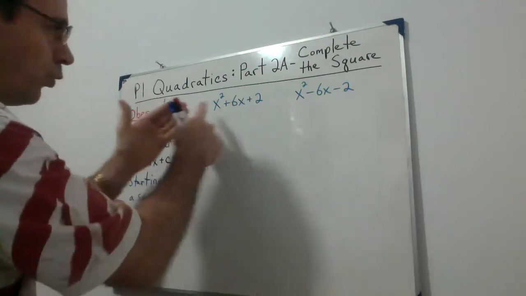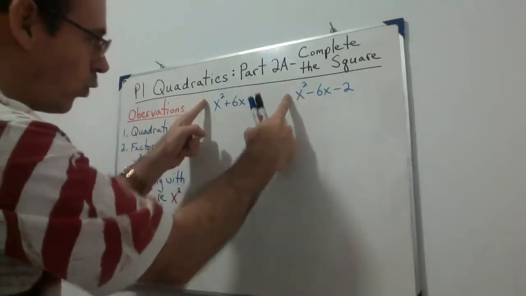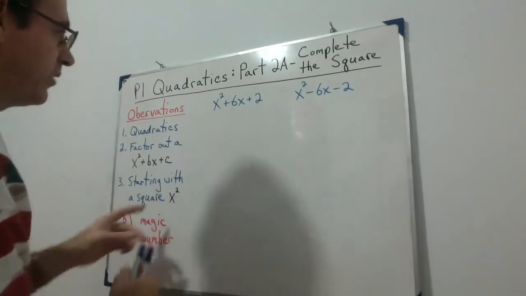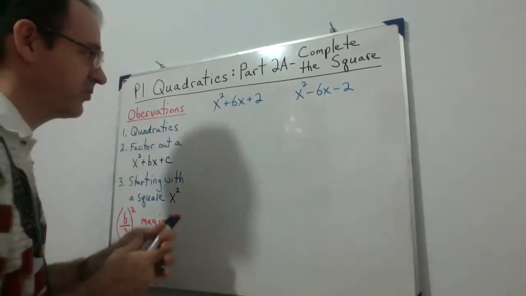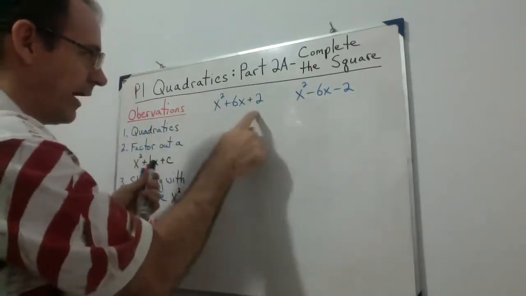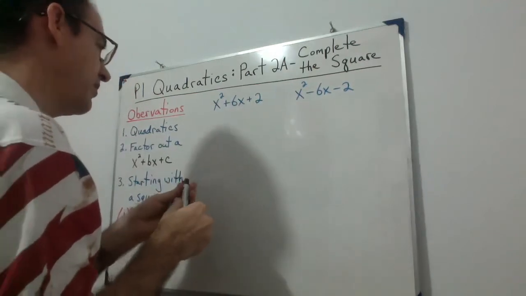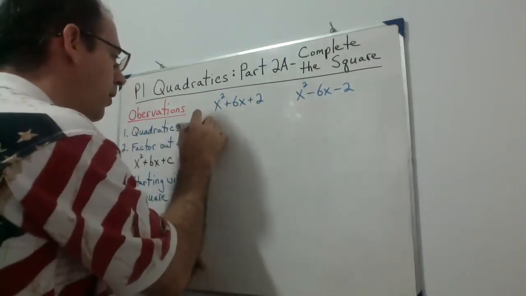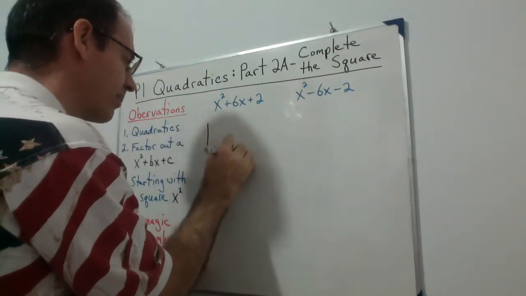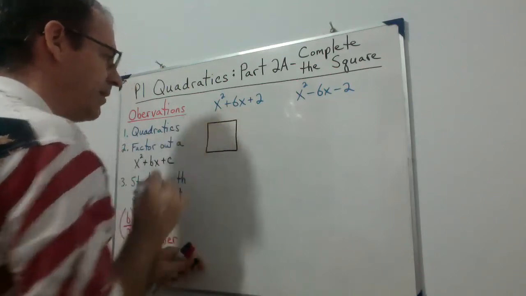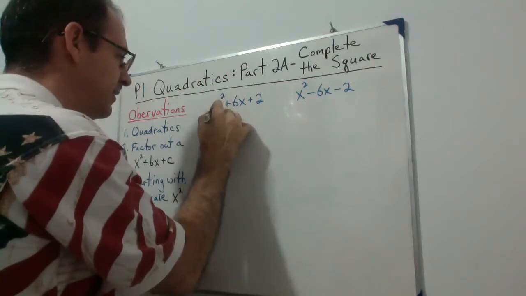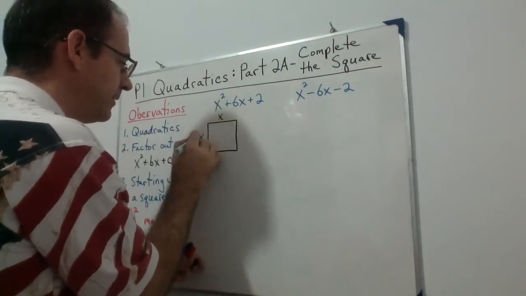Okay, so it's with quadratics. We have a 1 as our lead coefficient, and we are already starting with a square. So in this one, because we're adding to it, we're going to start with a small square. And our small square, of course, is x by x.